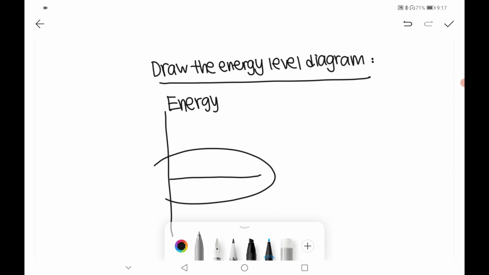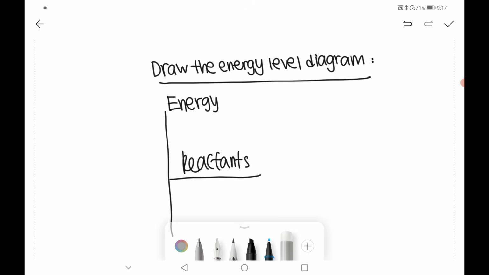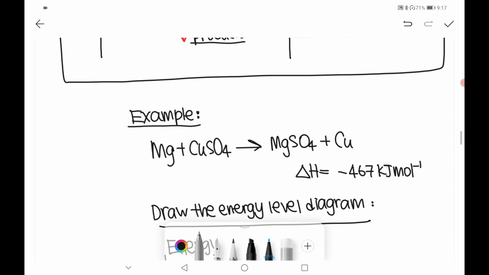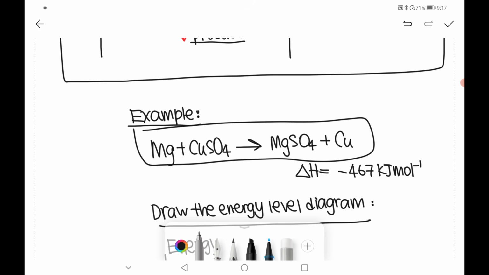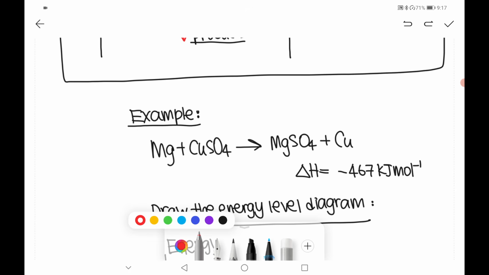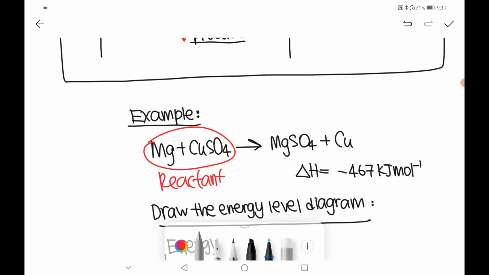Then on this line, you need to put reactant. What is reactant? Reactant is the raw material. How do we know what the reactant is? When you have a chemical equation, everything on the left hand side is reactant, the raw material.